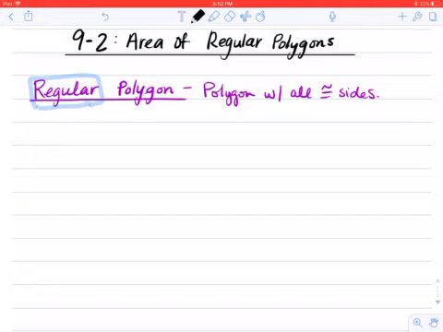So in general, let's start with the pentagon. A pentagon has 5 sides. And as you're drawing these, if you would like to, go over to the bookcase by the window.